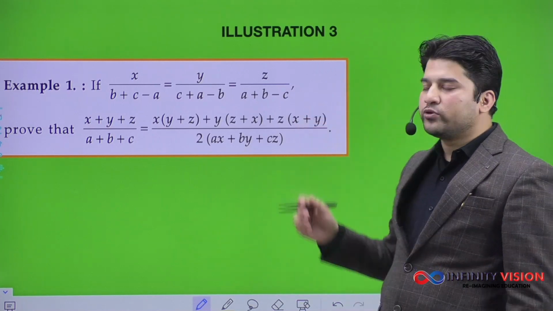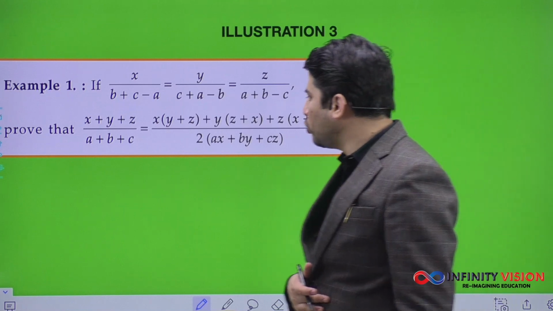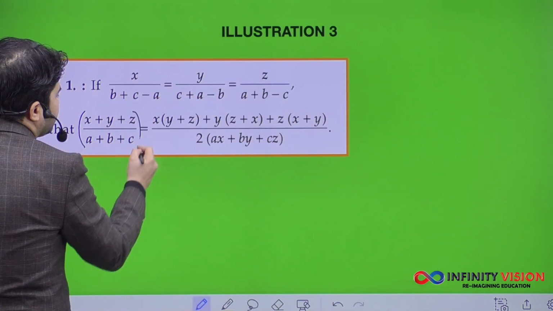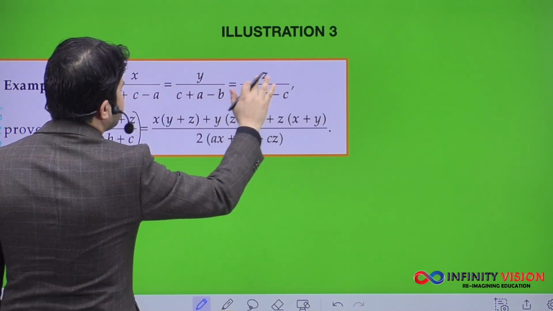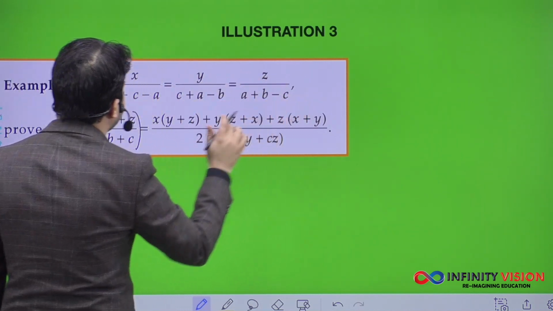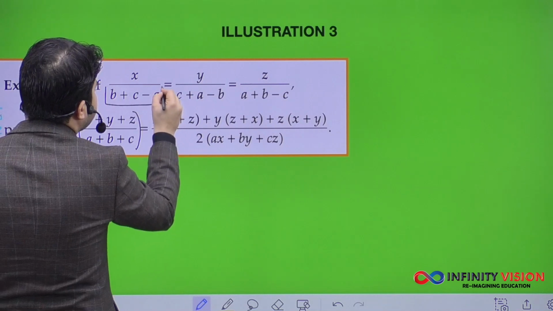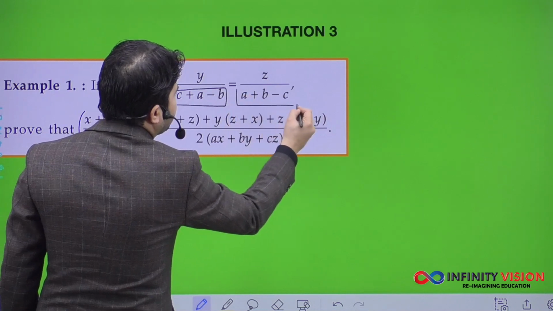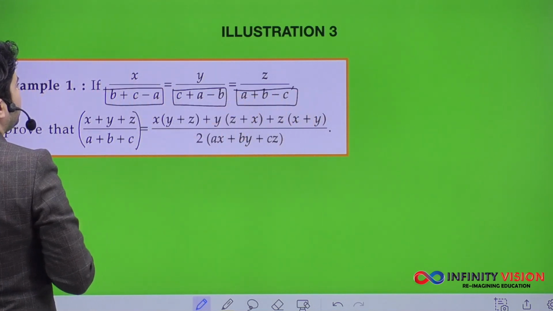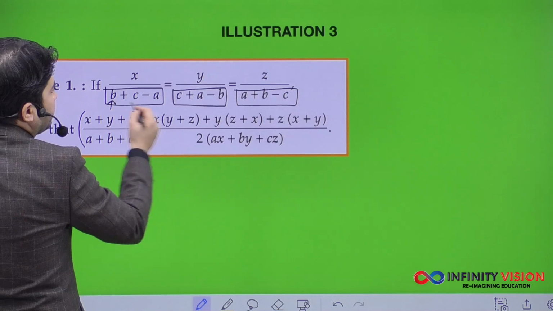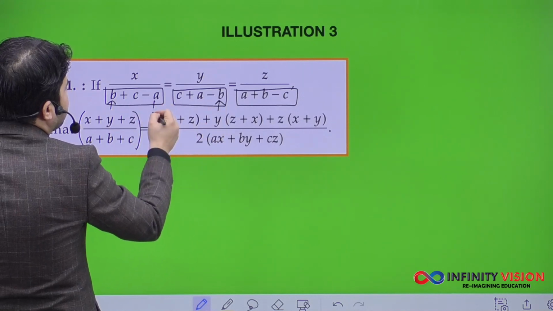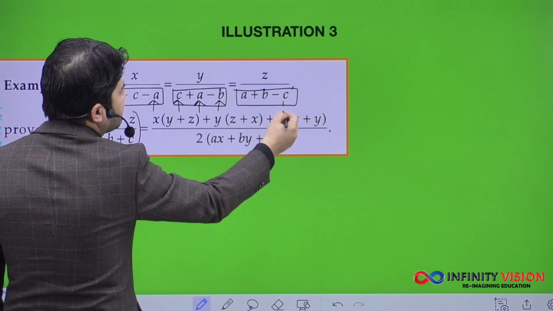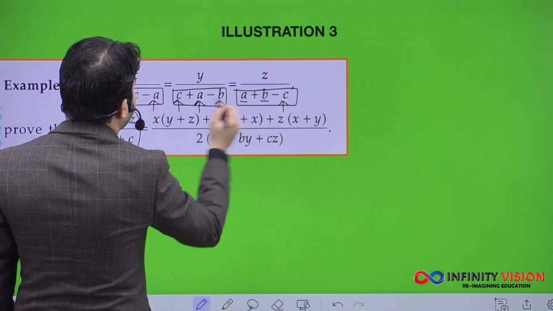Now this problem looks a little complicated, but if you look closely, you will notice that your left hand side is nothing but the sum of antecedents upon the sum of consequents, because if you add b plus c minus a with c plus a minus b with a plus b minus c, this b will be cancelled by this b, this a will be cancelled by this a, and this c will be cancelled by this c, and you would be left with a plus b plus c.